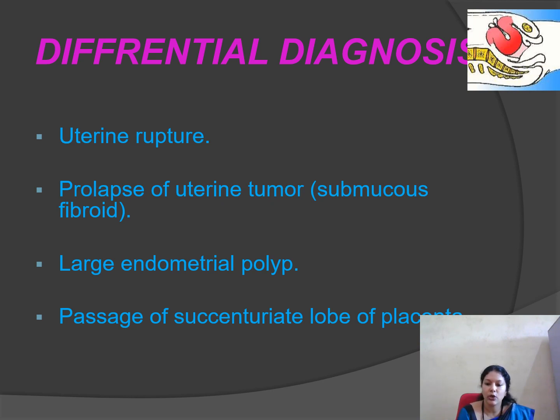Usually total 20 lobes are there in the placenta, and all these lobes will be together. And succenturiate lobe means one lobe will be away from the other lobes. And when all the other lobes are getting separated, this succenturiate lobe may remain inside the uterus and it may get separated later. So you may mistake it as a succenturiate lobe, it is coming later. You may think like that.